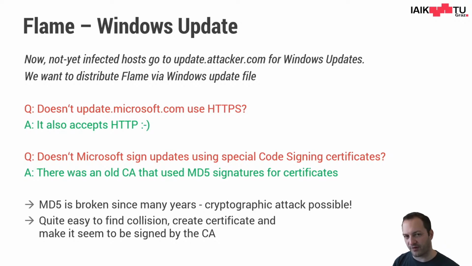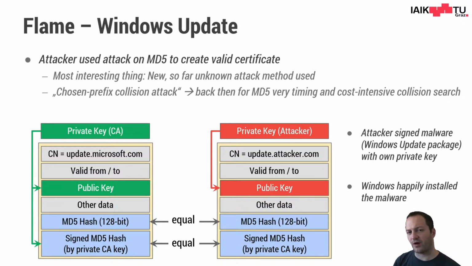The problem in this case, why this attack worked, is that MD5 was used. And you know MD5 already, the hash mechanism that's been broken for years. And it was easy to find a collision, to build a collision. So the attacker used an attack on MD5 to create a valid certificate.